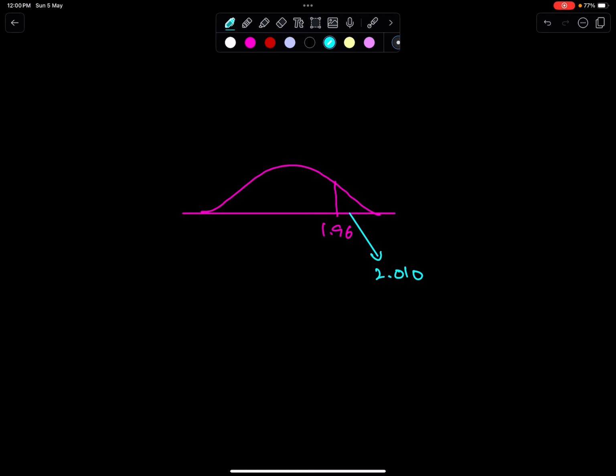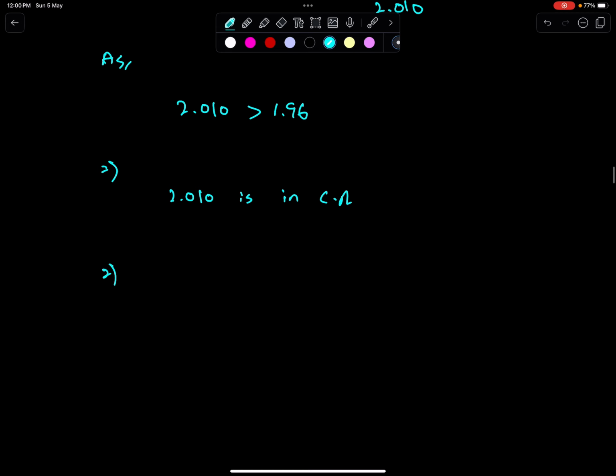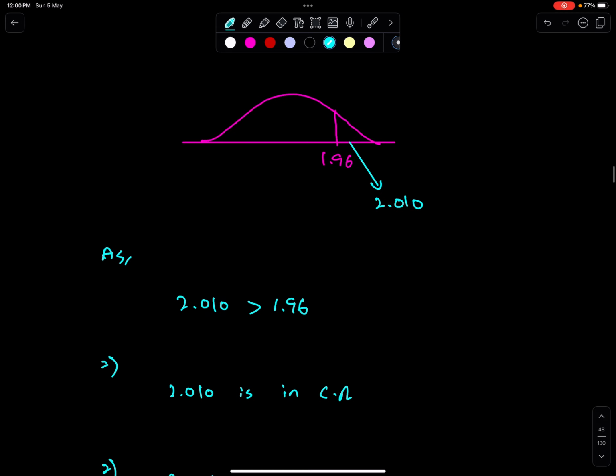As 2.010 is greater than 1.96, therefore 2.010 is in the critical region. Therefore reject H0. If z test lies in the critical region, then always reject H0.